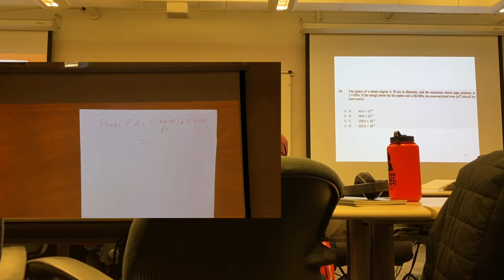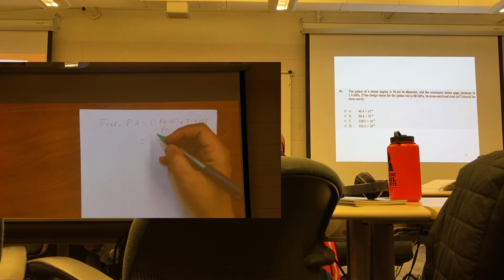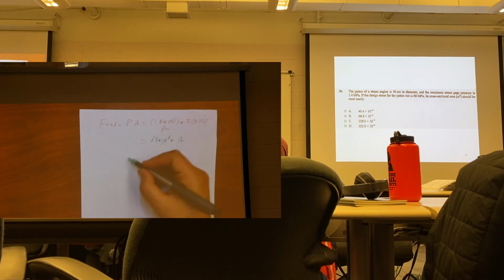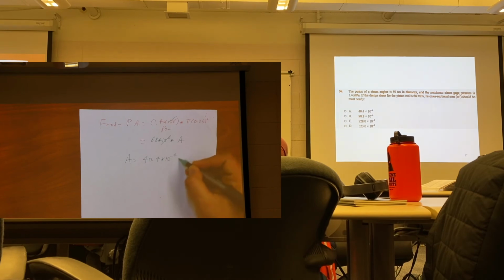This is equal to 68 times 10 to the power 6 multiplied by the area you don't know. If you do this calculation, you're going to find the area, 40.4 times 10 to the power -4 meters squared. So basically your answer is E.